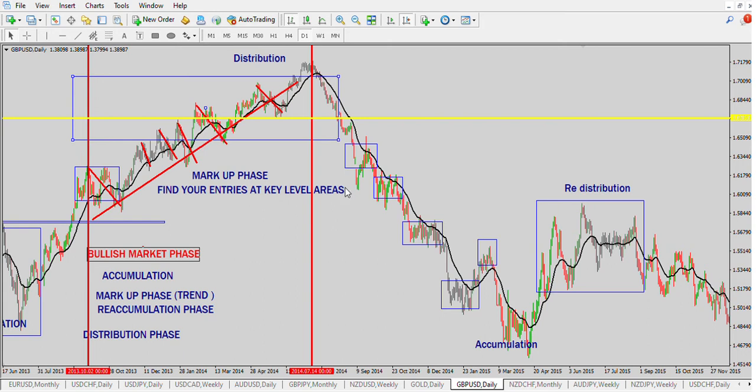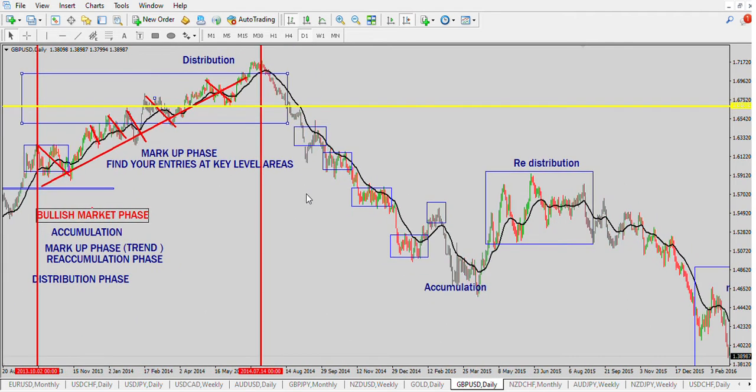There is a break of market structure here, and we have the reversal falling down. And that will now take us back to what? The structure, the phase of the bearish market. This is the phase of the bearish market. It starts with distribution. We have the distribution. Also, we have the markdown phase.